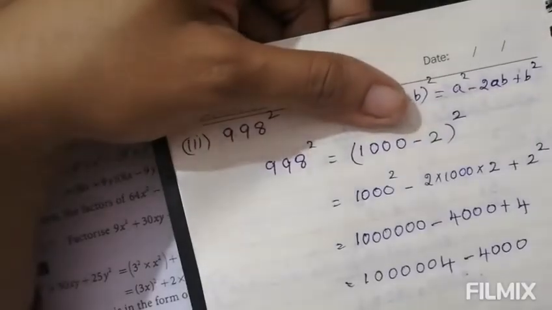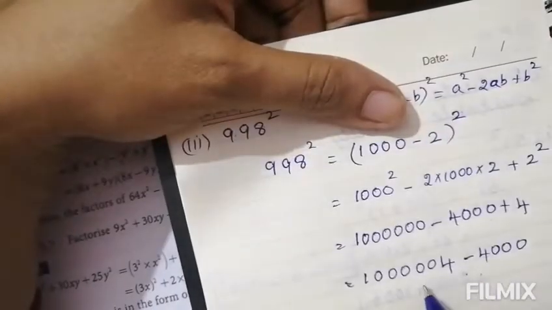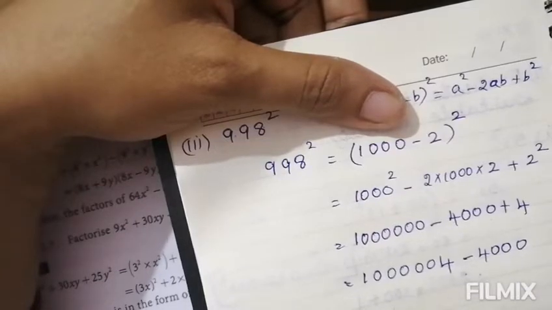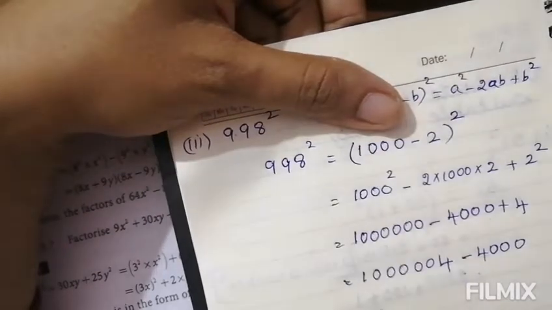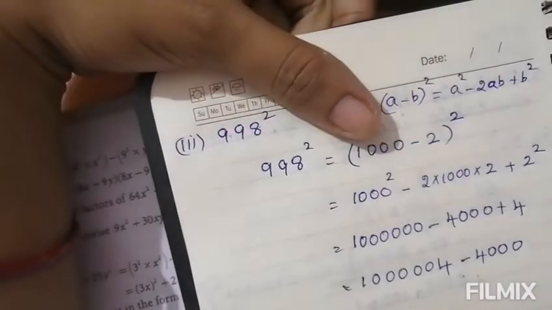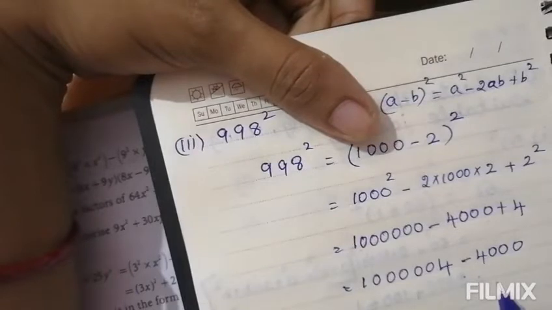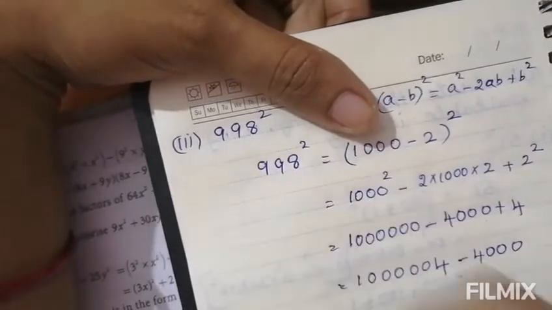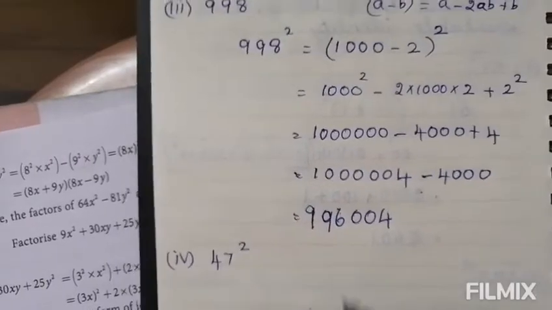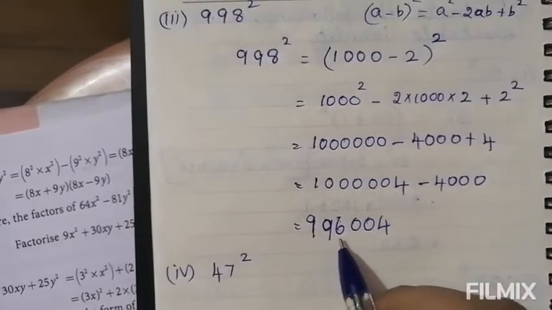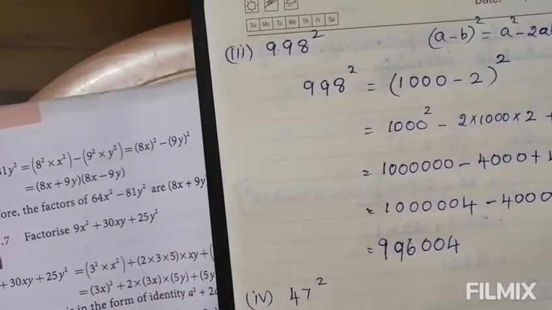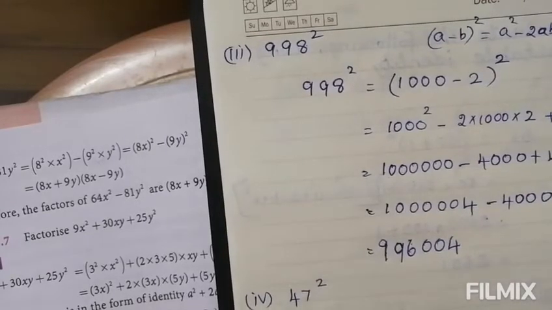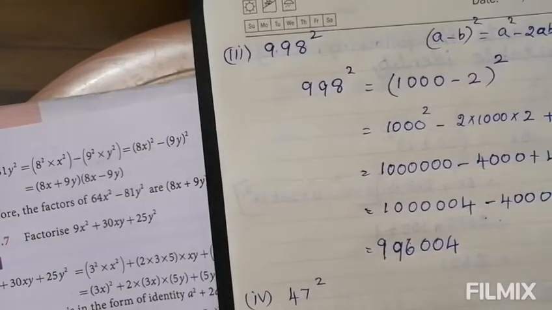What do we get? 10 lakh and 4 minus 4000. So the answer is 9,96,004.